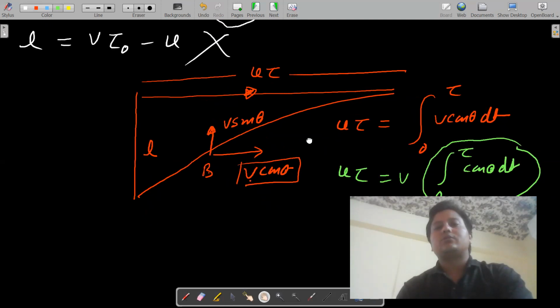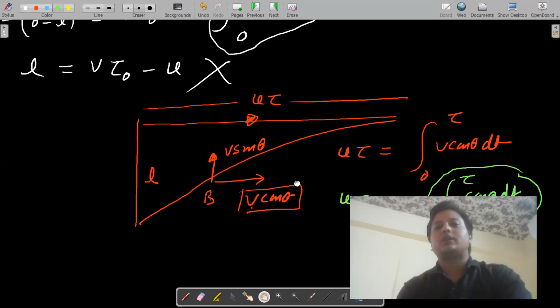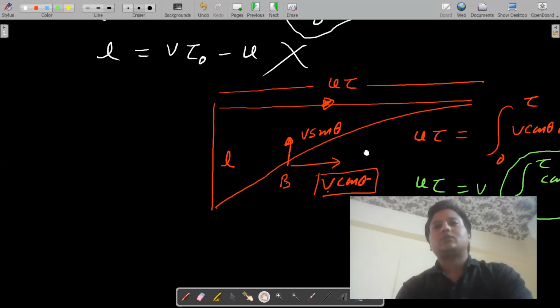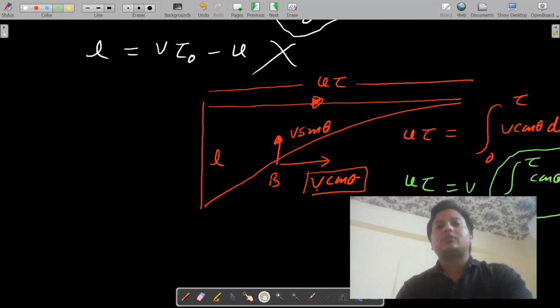So by comparing, what will be the comparison terms? L equals v tau naught minus u, and the unknown term can be replaced by u tau over v.